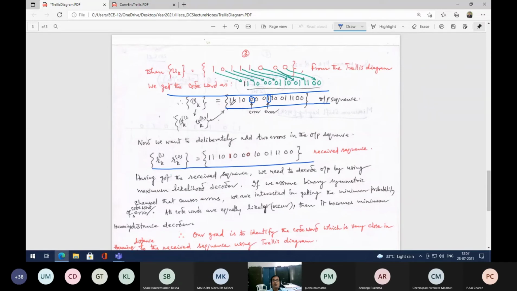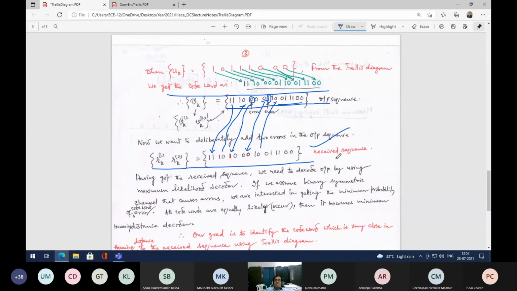See that 1 1 is the same thing. 1 0 same thing. But here 0 has become 1, that's why it is 1 0. And this 0 1 has become 0 0 because there is a change in the bit. And the rest of things are the same. So let us say this is my received sequence.